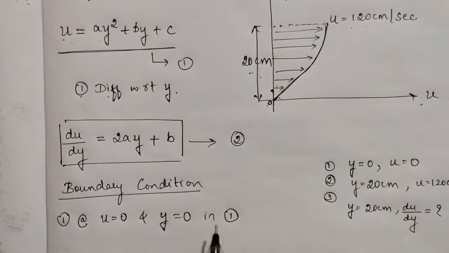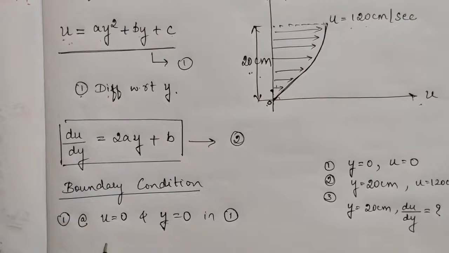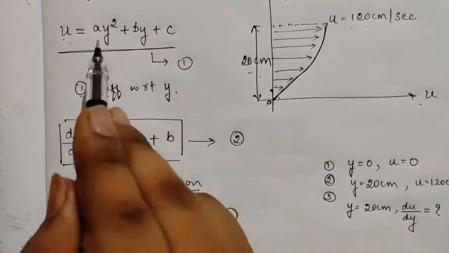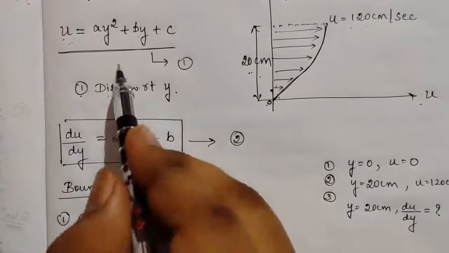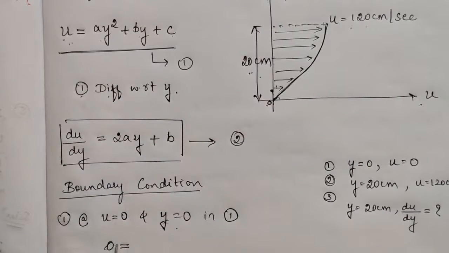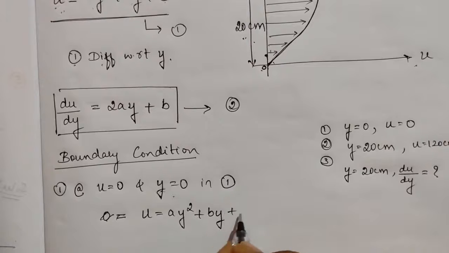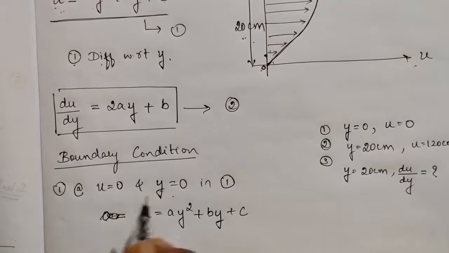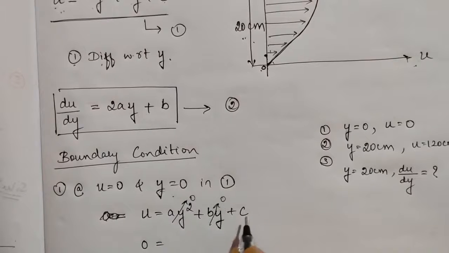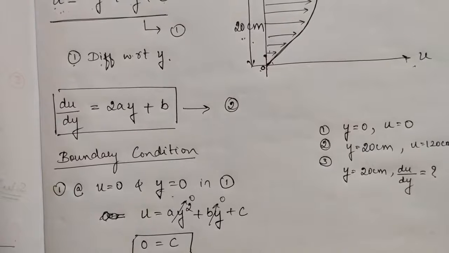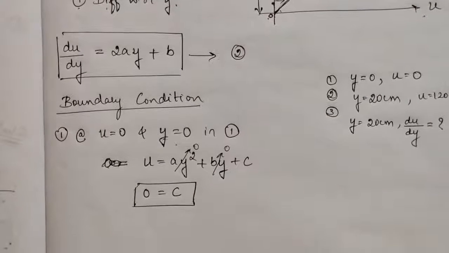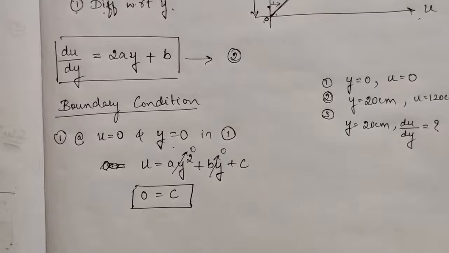What will happen to that equation? 0 equals a times 0 square plus b times 0 plus c. So c is a constant, and with the first boundary condition I am getting the value of c as 0.